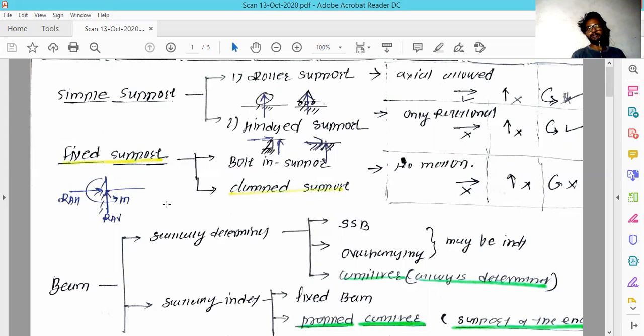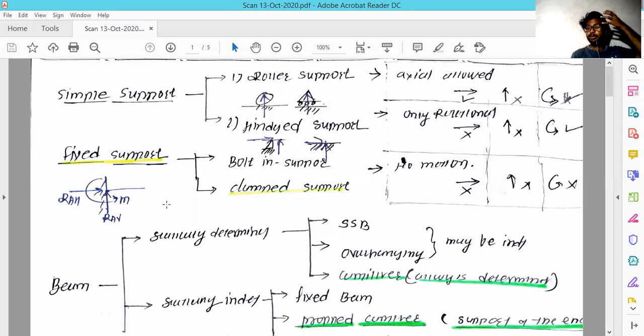In the roller support, the only thing you need to concentrate on is that whenever you apply any support to any link, it basically reduces the degree of freedom of that link. If you put any link in the atmosphere, it has 3 degrees of freedom. If you apply any support to it, it is definitely going to reduce its degrees of freedom. So the first support we are taking is the roller support.